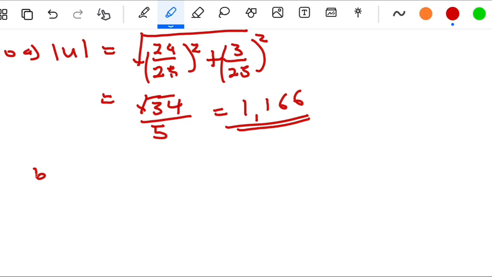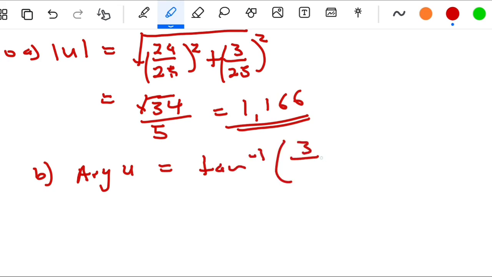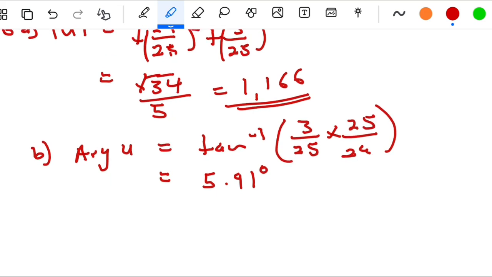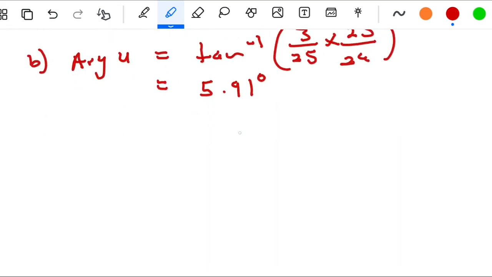Okay, then B, we want the argument of u, which is equal to tan inverse of (-3/25) times 25/29. This is going to give us 5.91 degrees.